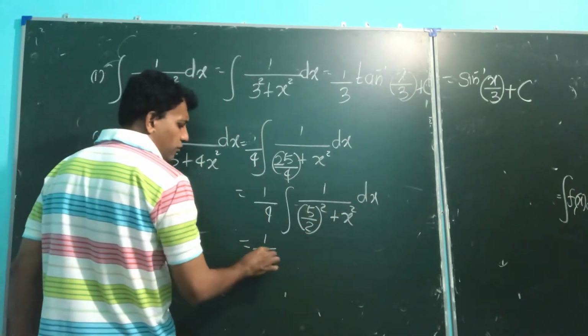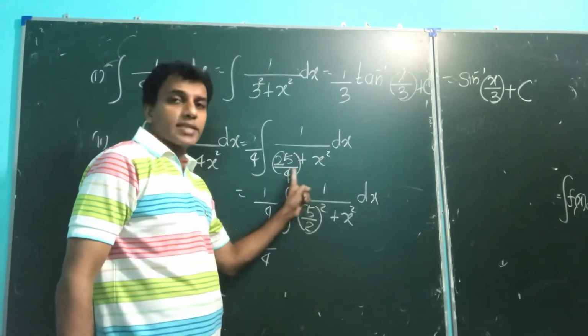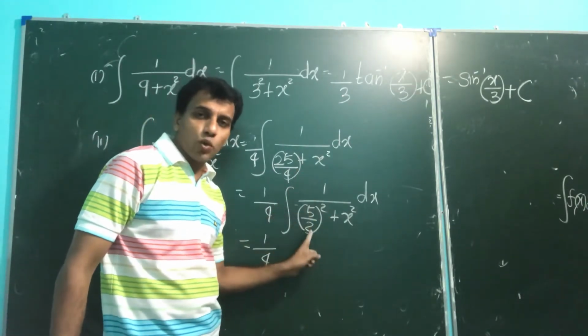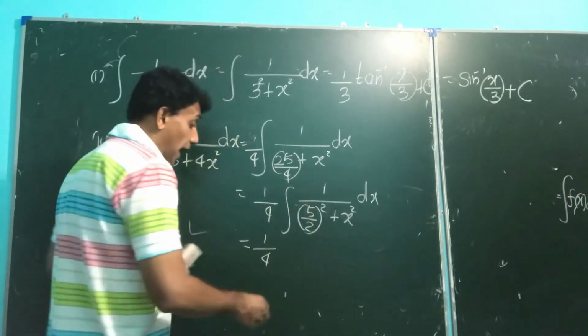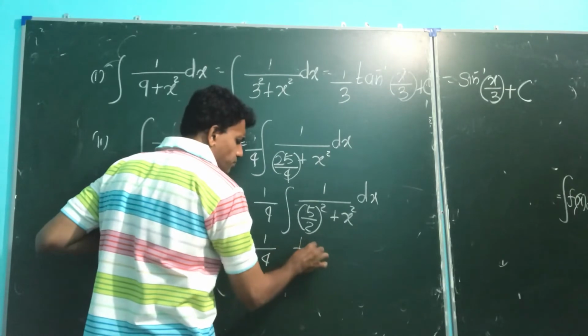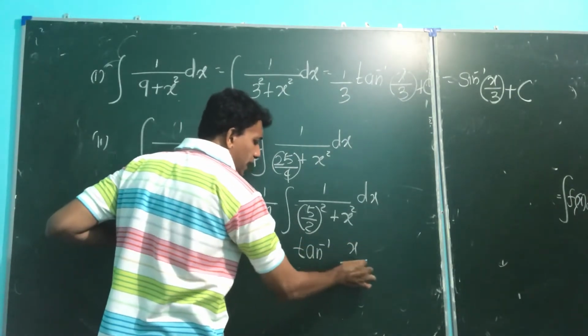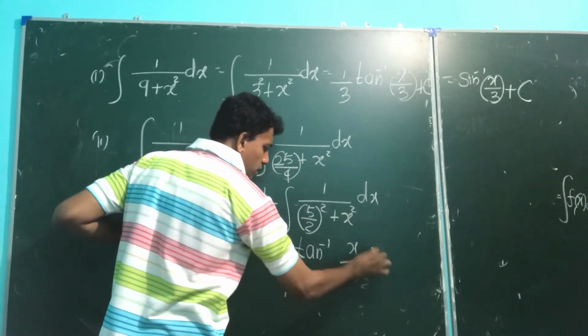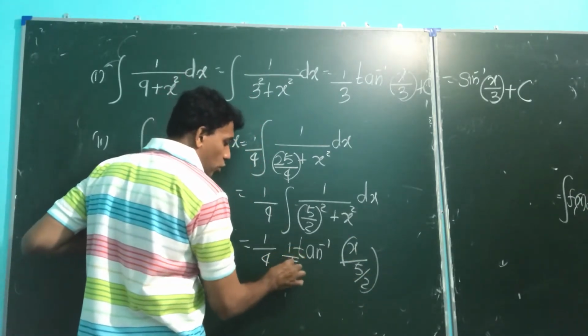So what is the answer? 1 over 4 is the additional factor. Inside, in the 1 over a square plus x square form, the answer is tan inverse x over a. Then don't miss the 1 over a here.